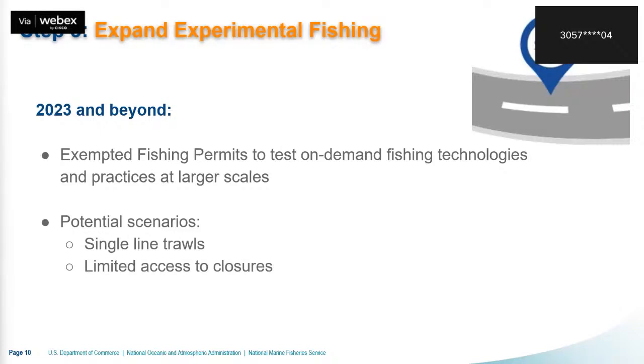But it's clear that as the demand for access to the gear, whether it's through the center's lending library or fishermen wanting to purchase their own gear, we've seen a much greater increase in demand for fishermen wanting to test the gear along the entire coast than we had anticipated. So it's relatively easy to foresee a situation where using EFPs to authorize all this gear is no longer the best option, and some other system will be needed in order to enable this testing and experimentation to happen.